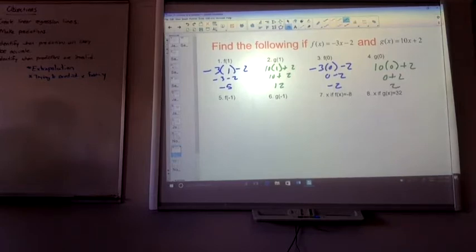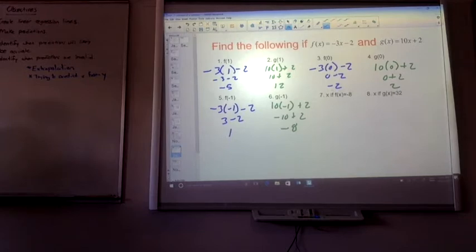How do I use this function? Okay, input, output, yes. For these last two, which function do I use here? The f or the g?